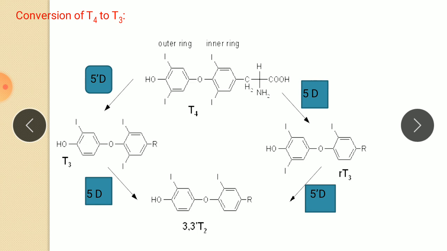Now the last step, that is conversion of T4 to T3. Although T4 is the major thyroid hormone secreted by the thyroid, it is usually considered to be a prohormone because T4 has a longer half-life and a much higher level of T4 than T3 in circulation.